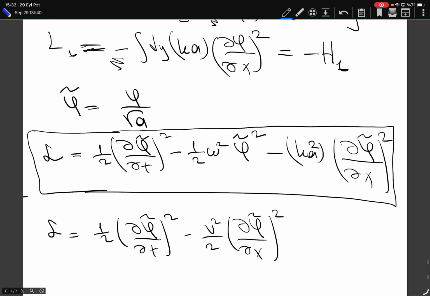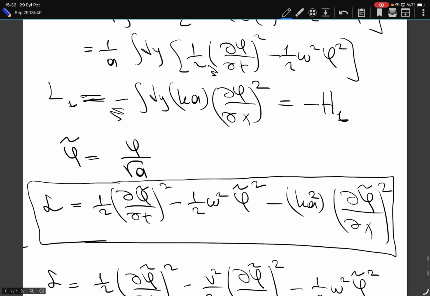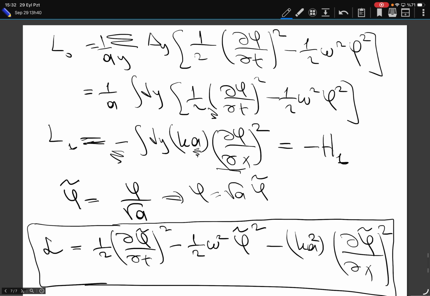Minus k a squared, just the second term there. Only a is squared, because you see, this tells me that phi is the square root of a phi tilde. So here I already have one a from this term, and I get that second item.